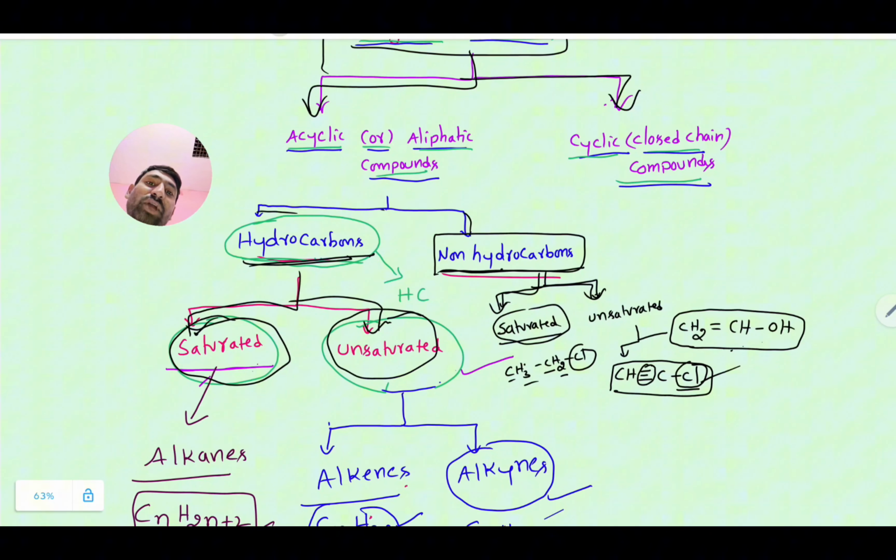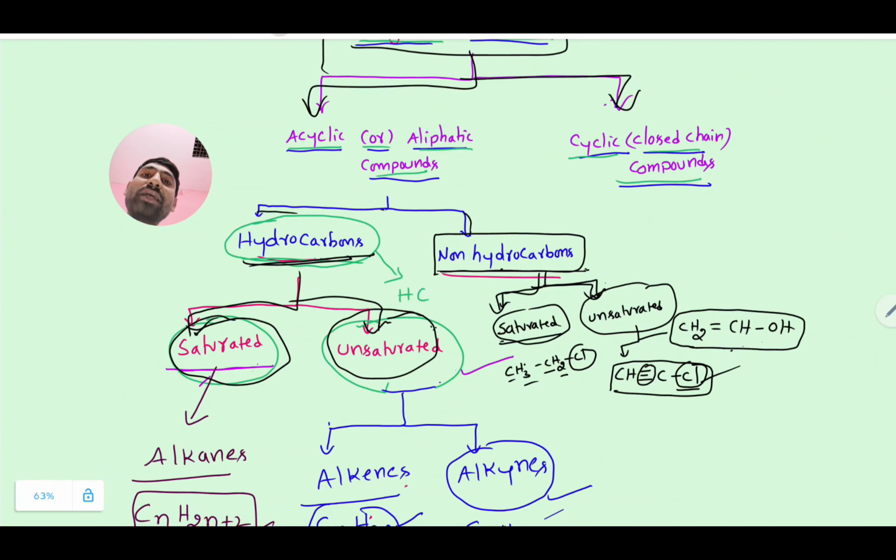Unsaturated means with a double bond or a triple bond. Hydrocarbon means only hydrogen and carbon. Non-hydrocarbon means that along with hydrogen and carbon, another atom is there. If they have single bonds only, they are saturated non-hydrocarbons. If there is a double or triple bond, they are unsaturated non-hydrocarbons.